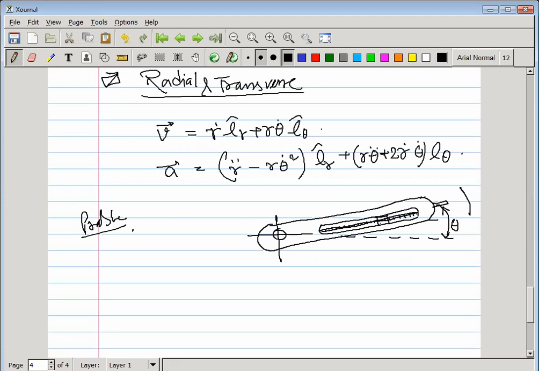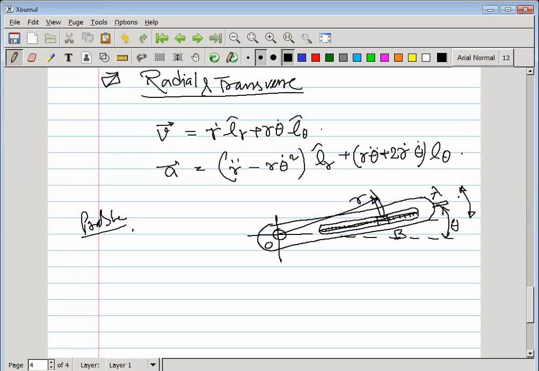It can go in this direction as well as in this direction, both directions. For this position the radius is r, and this position is B, and this position is A.